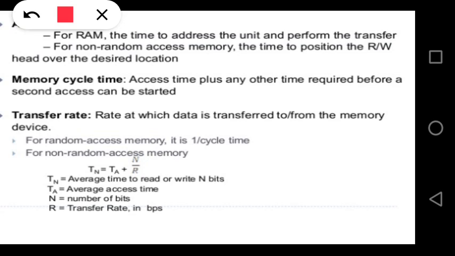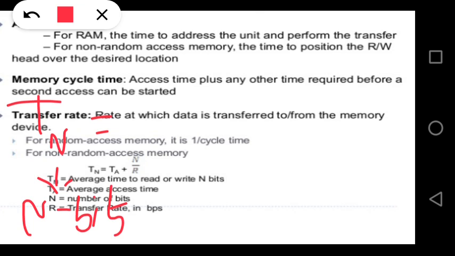Here n stands for the number of bits that you want to read. Ta is the average access time for both read and write. So remember, the access time for a read operation and a write operation would not be the same. So take the average of that, the average access time.